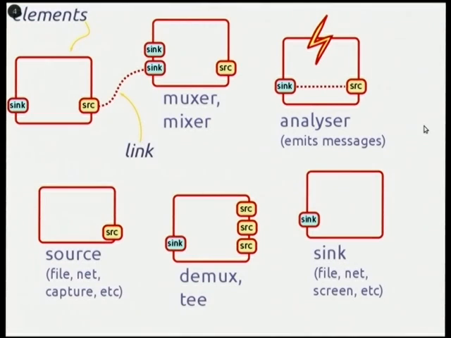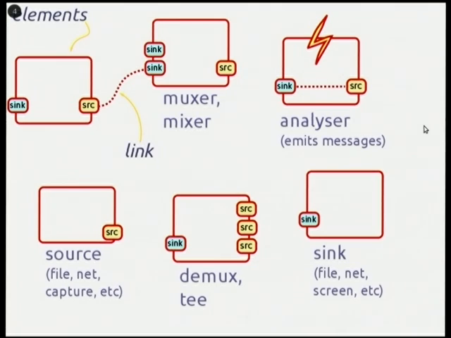Some just emit something. Maybe they take a file from the file system and put out whatever's in it, or they might stream from the net or capture from a camera. Then some of them are sinks, so they don't emit anything, they just take in a stream and put it into a file or onto the screen or onto the net.